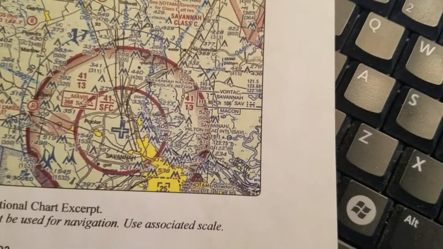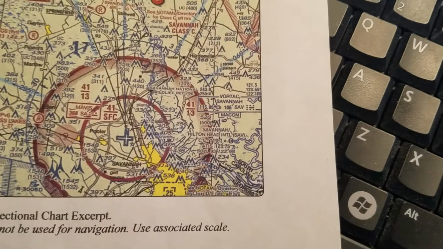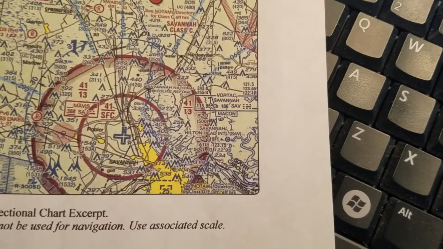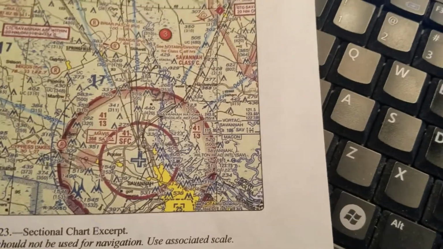So what does that mean? Faded magenta means it ends up at 700 feet.